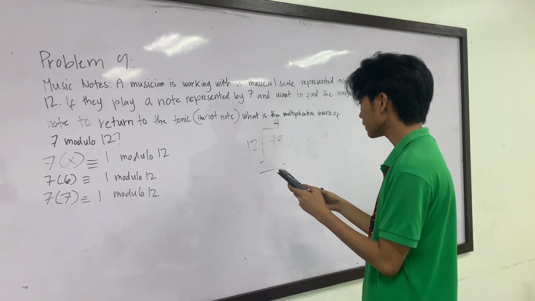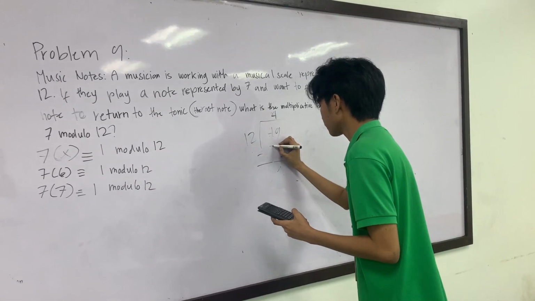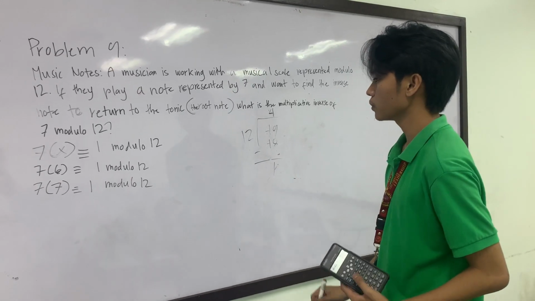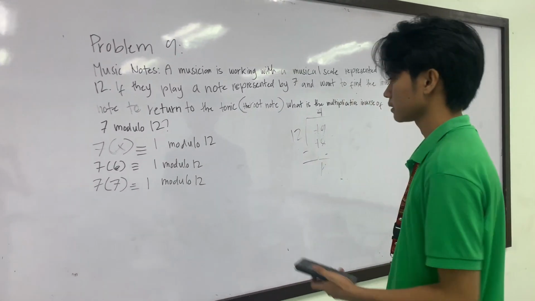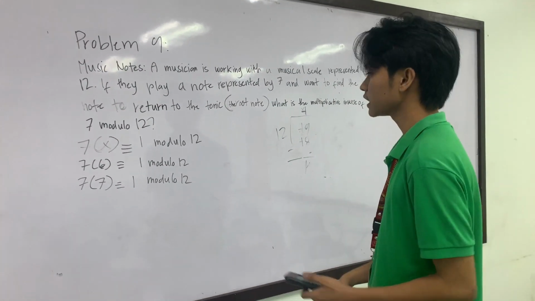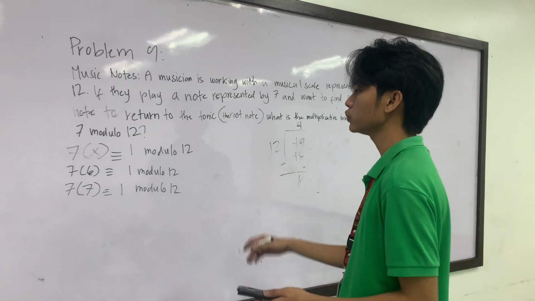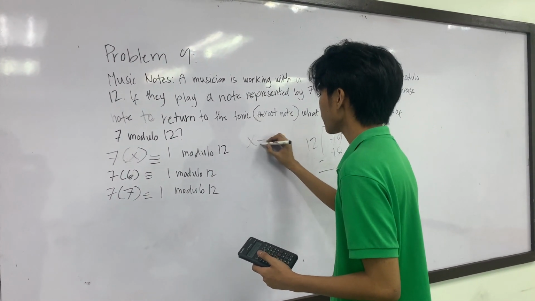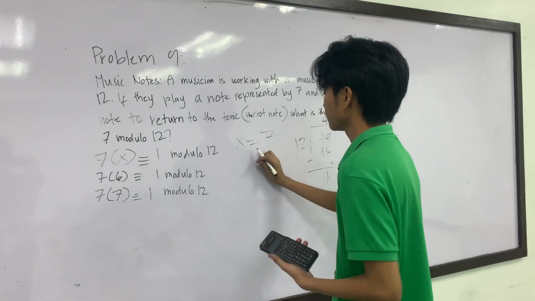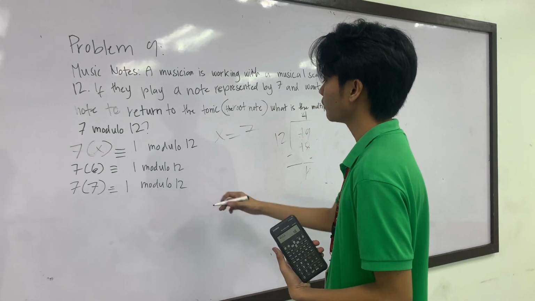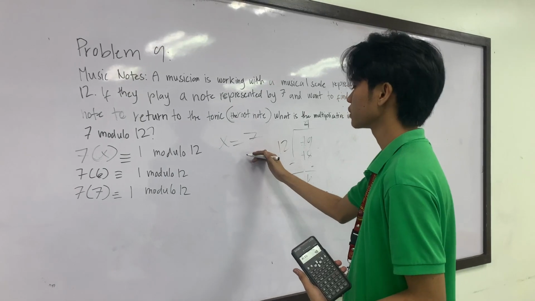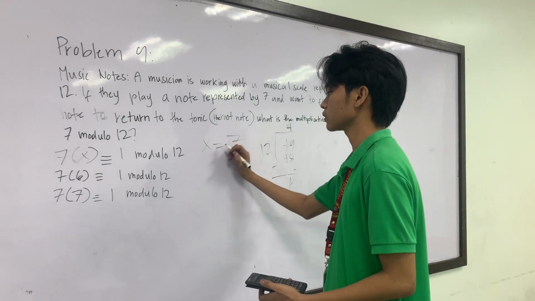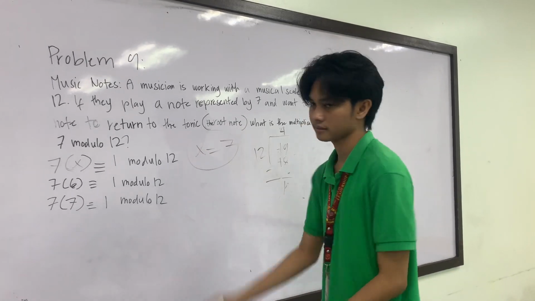And 4 times 12 is 48. So now we can get the remainder 1. So the value of x is equal to 7. So the multiplicative inverse of 7 modulo 12 is equal to 7. So the answer is 7.